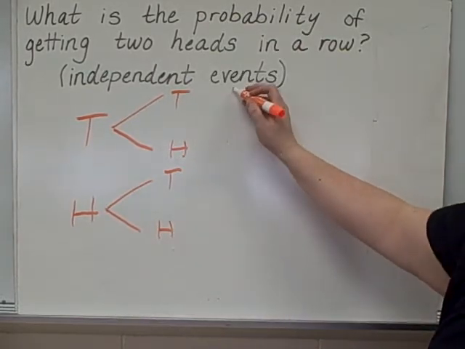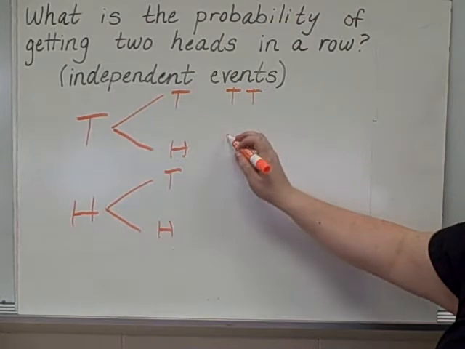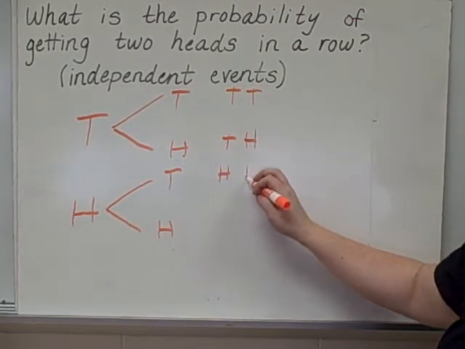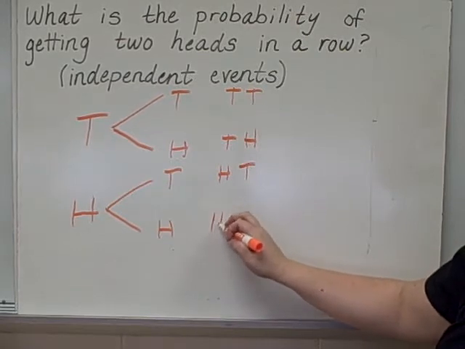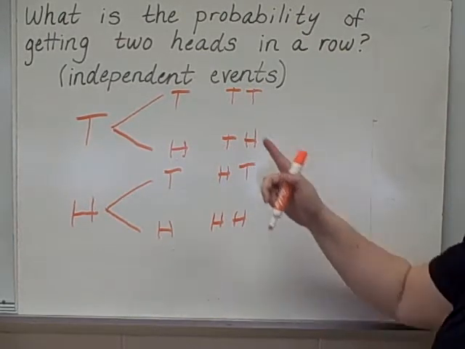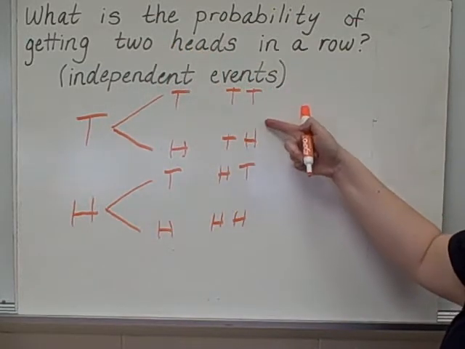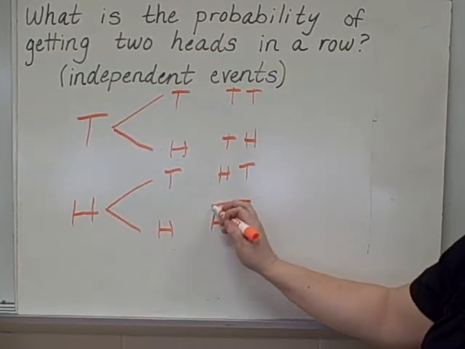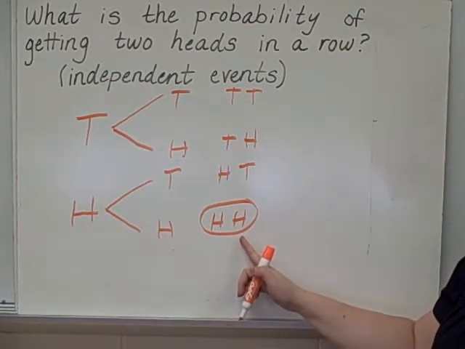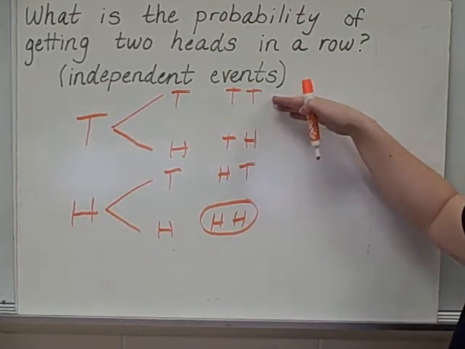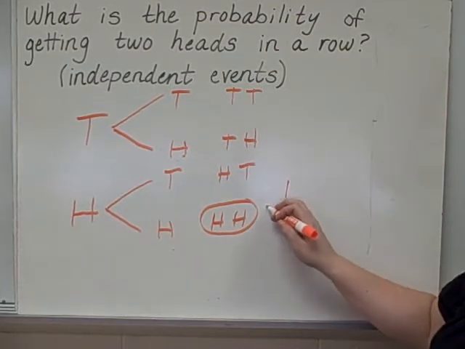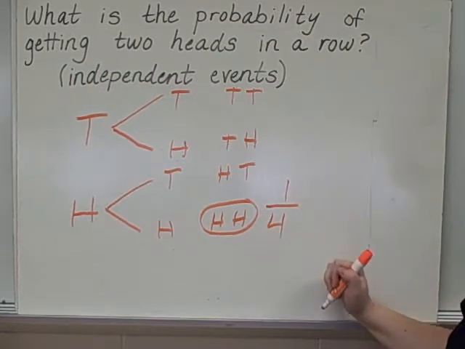So I can get tails, tails, tails, heads, heads, tails, or heads, heads. We're wanting 2 heads in a row. If we look at our list, our sample space, only one of them is heads, heads, and there are 4 things in our sample space. So that is a 1/4 chance.